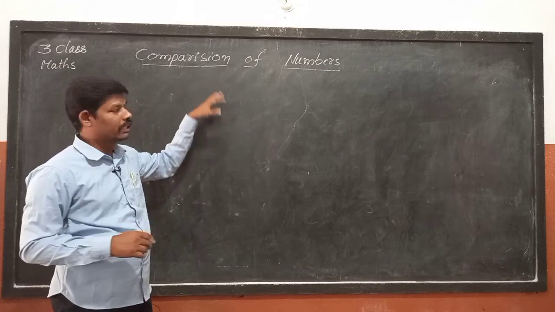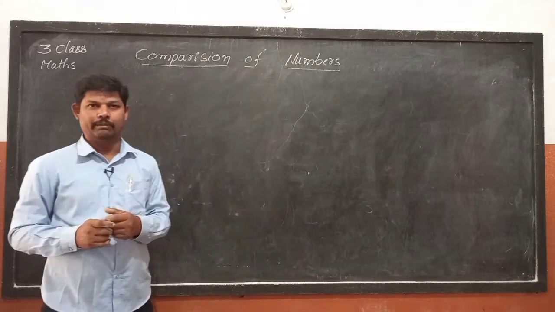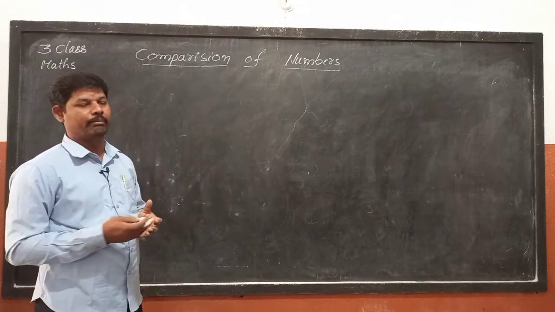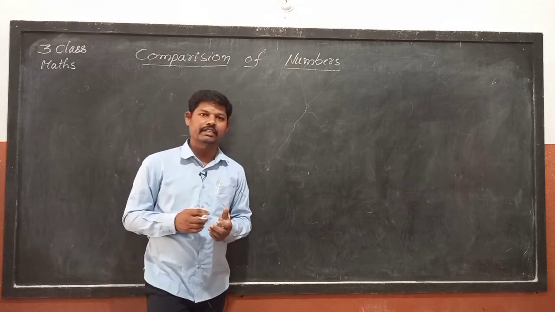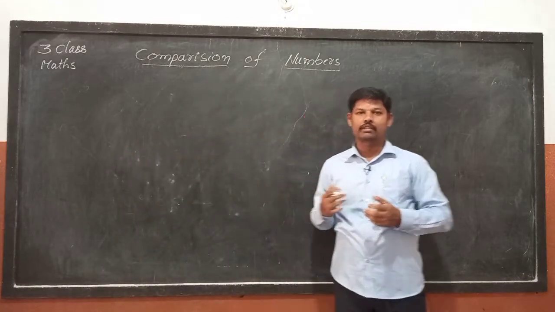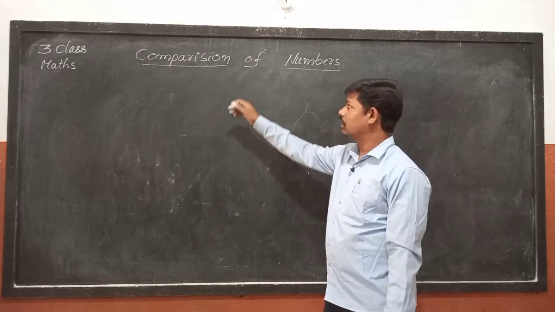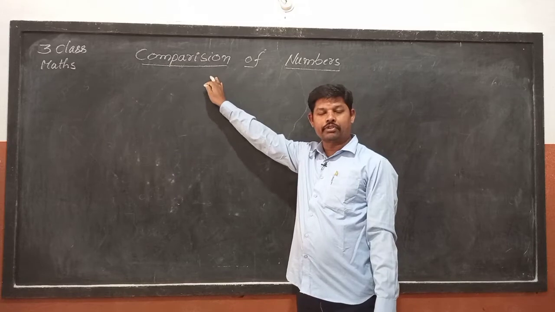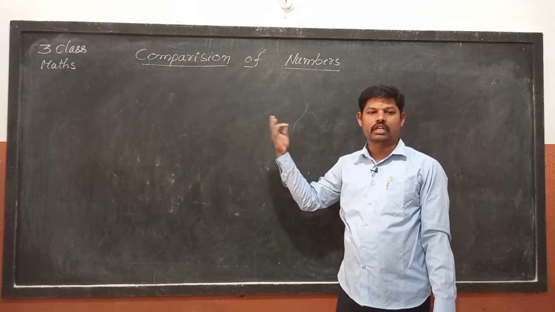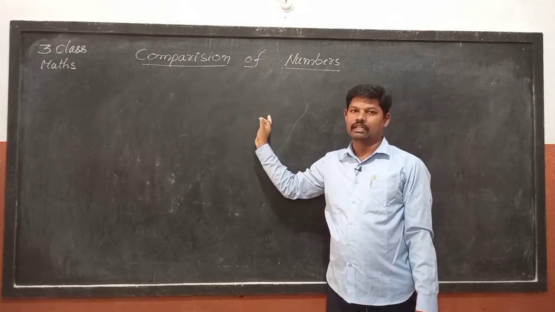But in those numbers, to identify which is a big number and which is a small number, this identification is called comparison. If you know this number is big and this number is small, then you can easily compare those numbers.